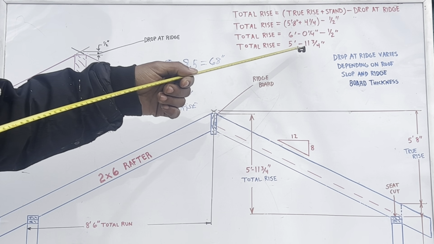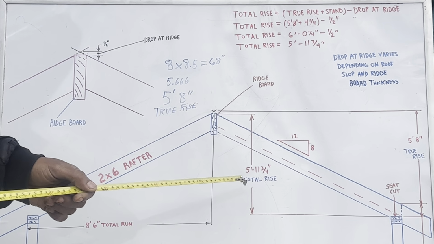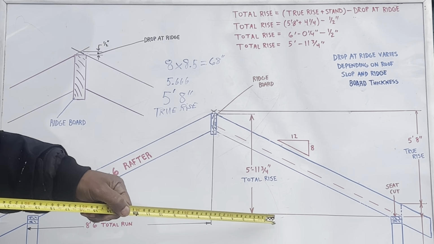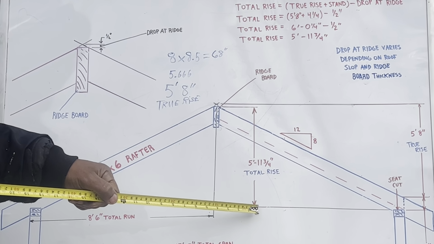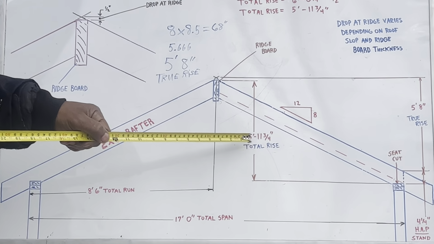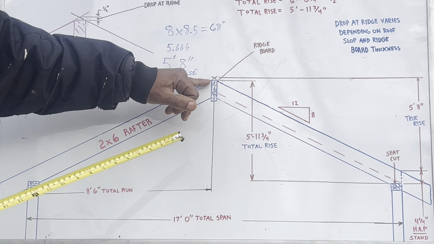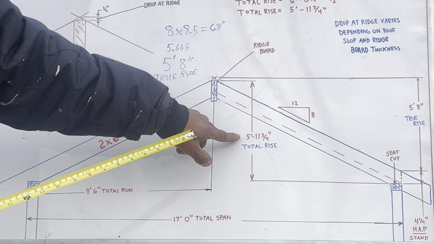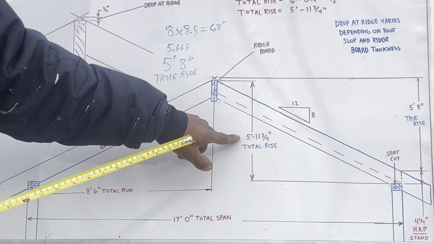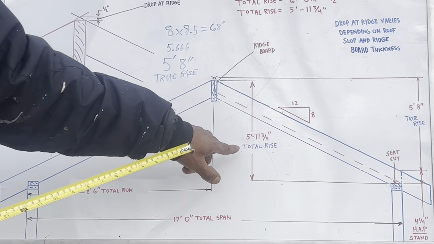So from the top of your exterior wall up to the top of your ridge board is gonna be 5 foot 11 and 3/4 inches. That's your total rise.